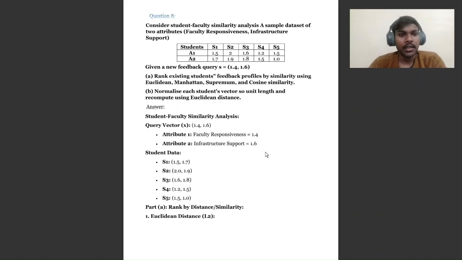So now let's move forward with our final question of part B, which is question 8. Here it is student faculty similarity analysis using multiple distance measures.